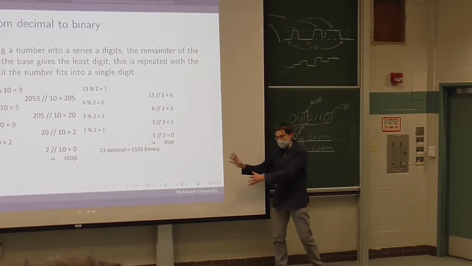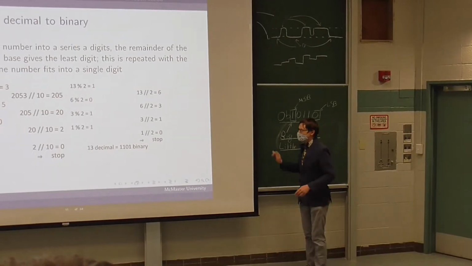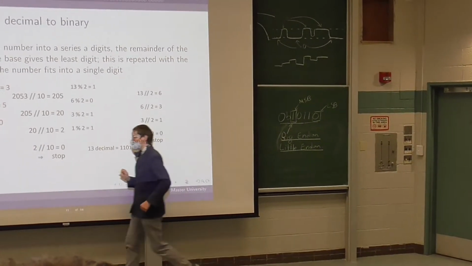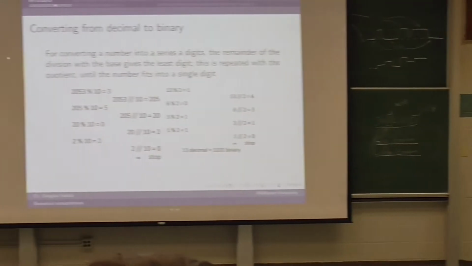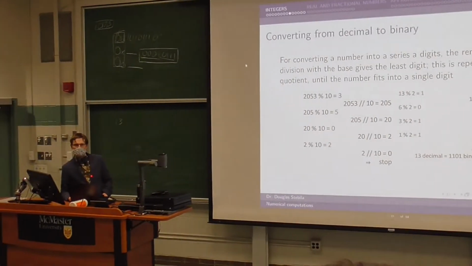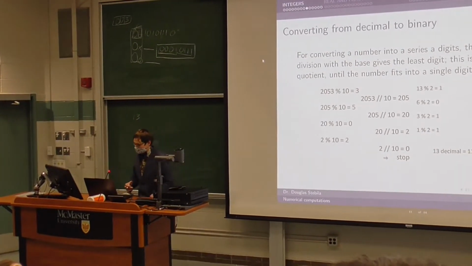So one of them is big endian and the other is little endian. There's not quite that degree of conflict in computing over whether big or little endian is better, but that's the origin of the term at least.